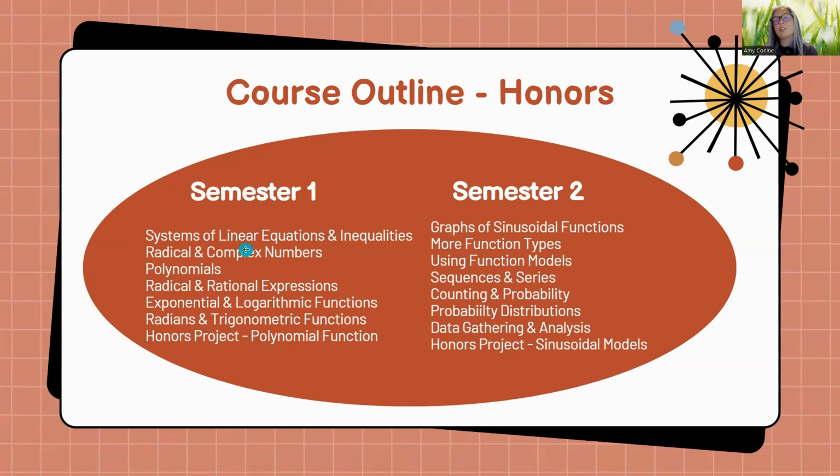For the honors section, you do have a little bit more. You may have discussion posts, an honors project as part of your midterm, and an honors project as part of your final. So there is a difference in the rigor, but the content itself and the topics that you will learn are the same.